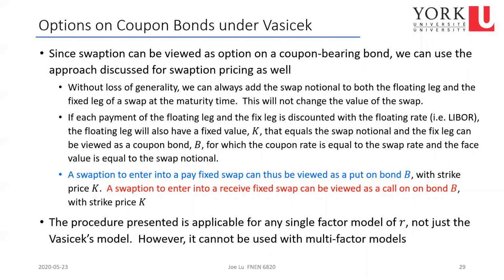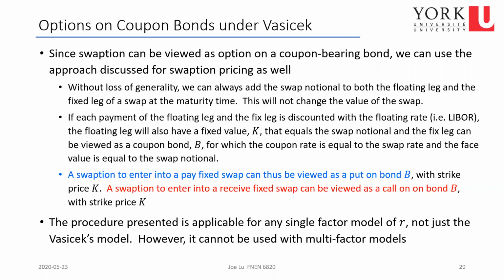But if you do that and break the floating side and the fixed side apart, you have actually constructed two coupon bonds. One has a fixed coupon payment. The other has a floating coupon payment.